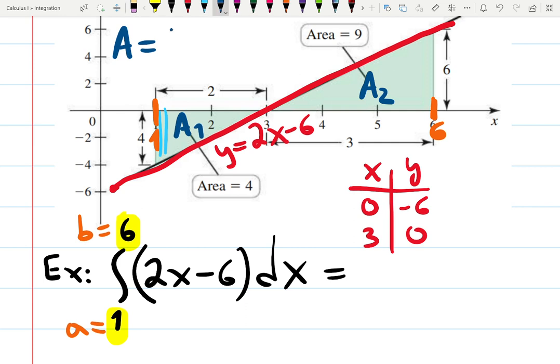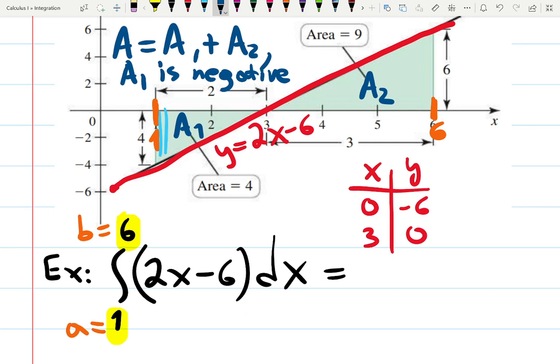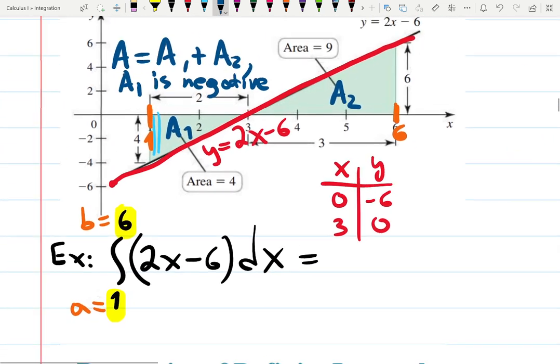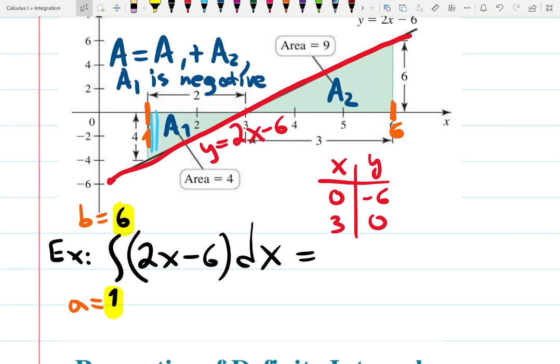Total area is A1 plus A2, where A1 is negative. So either you do A2 minus A1, or you add them up together, remembering that A1 is negative. Well, that's the idea here. How do you do that? Using areas of triangles. Do you remember the area of triangles?